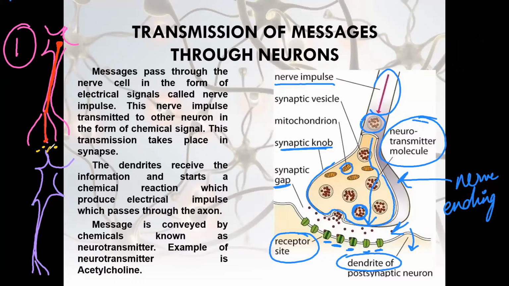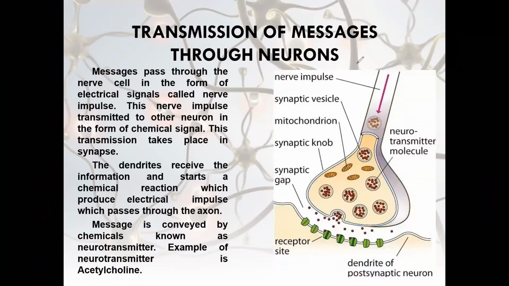detected once these chemical signals attach with the other neuron. Again, this will convert into an electrical impulse and pass on, and the message goes on, finally reaching the brain. Clear? This is how the transmission takes place.